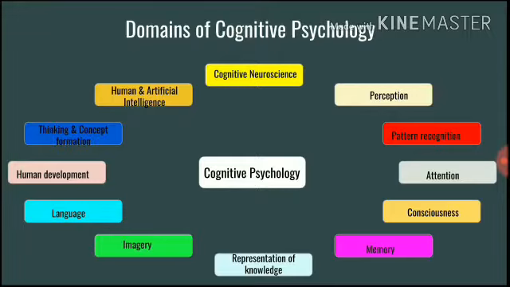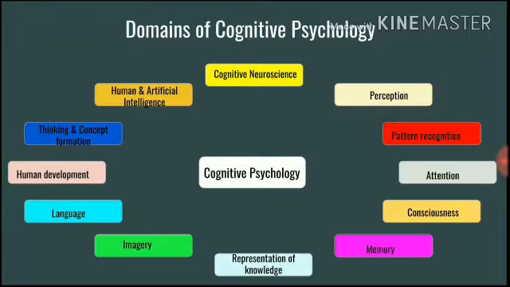The next point here is attention. This again we've discussed. So basically our ability to filter information that is relevant and ignore the one that is irrelevant helps us focus our resources towards storing the information that we want, and that becomes a part of cognitive psychology.